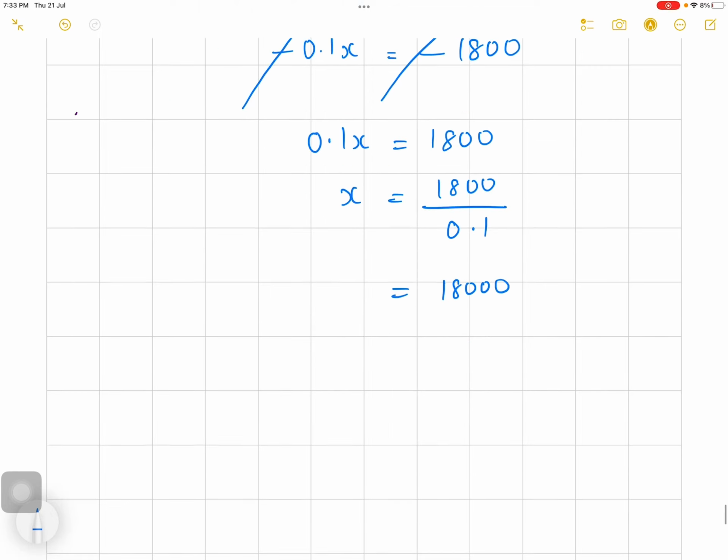So out of 50,000, 18,000 was deposited at 10% and 32,000 was deposited at 12%. Mark this sum also as important.